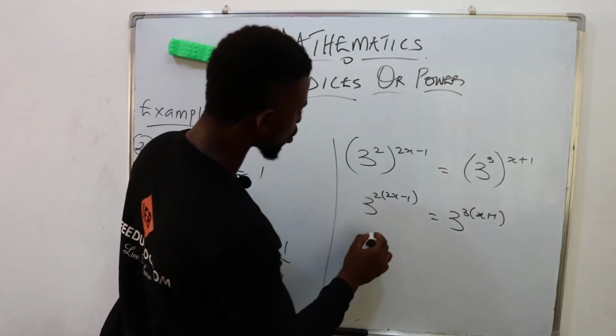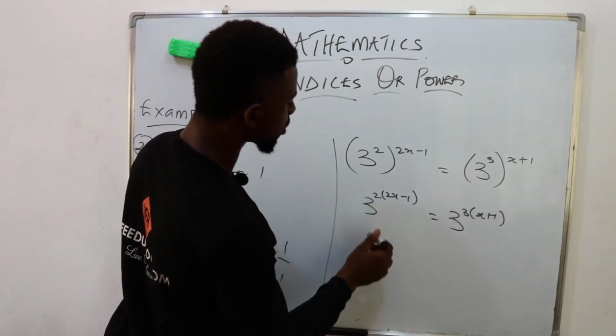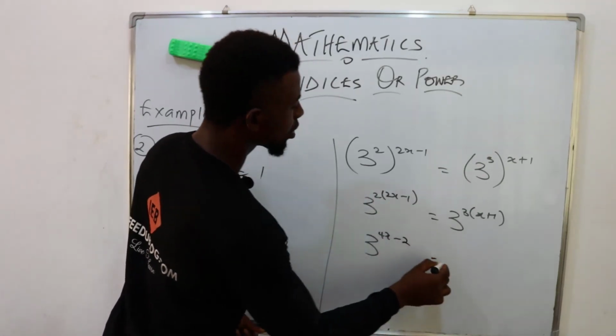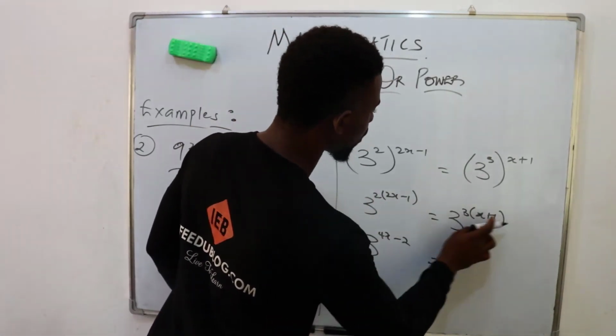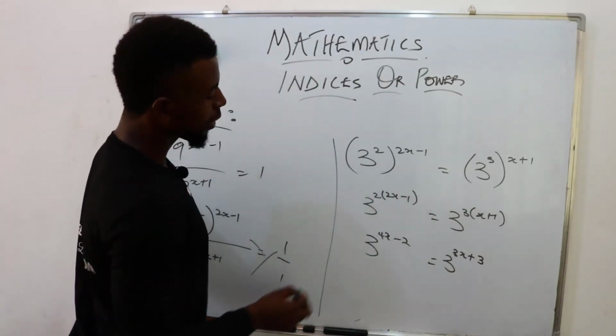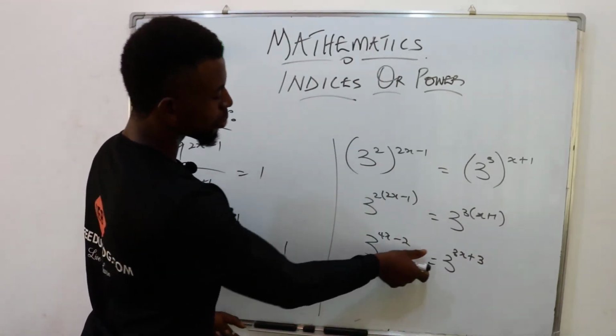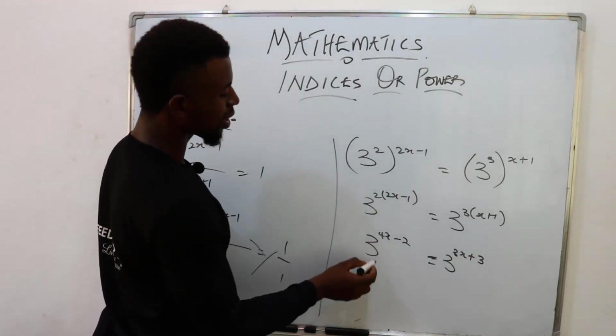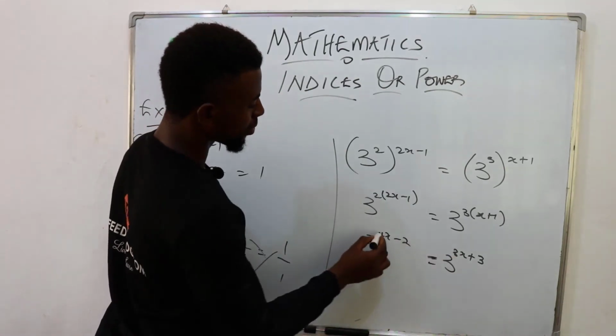So opening our bracket, we have 3 raised to the power 2 times this, which will give us 4x minus 2, and this is equal to 3 raised to the power, opening this bracket, 3x plus 3. Alright? Now we have 3 raised to the power being equal to 3 raised to the power this. So this equal sign tells me that my powers are the same.